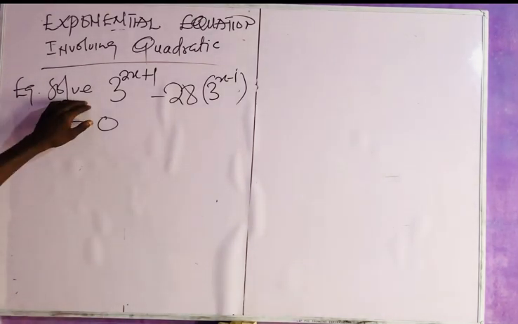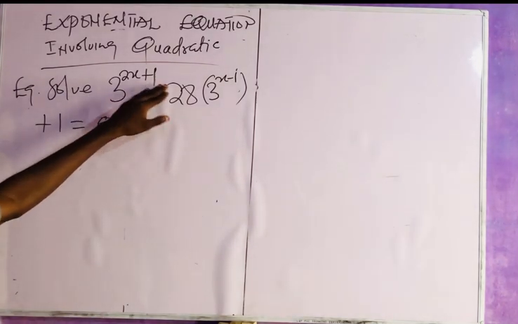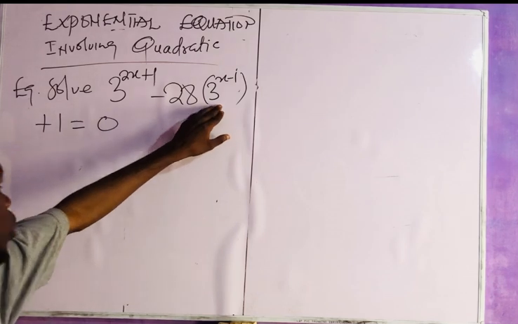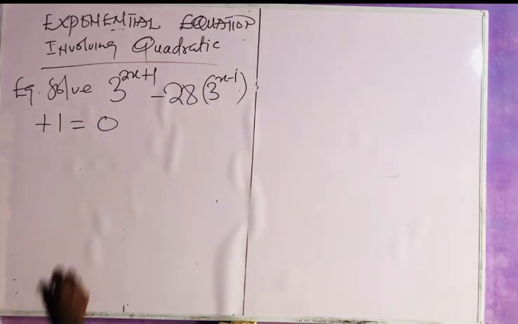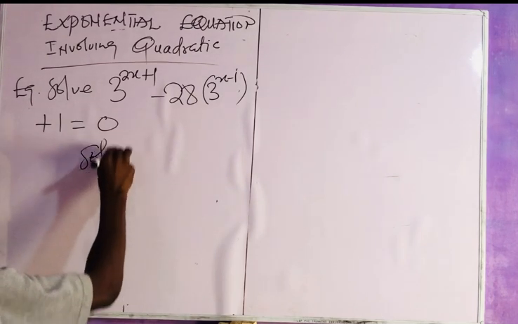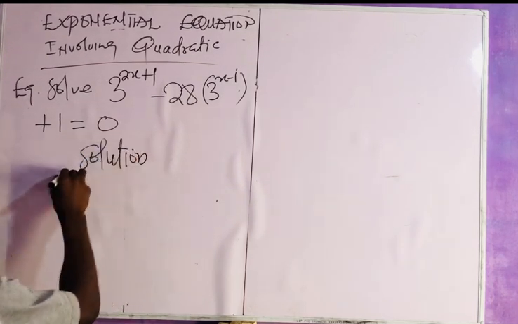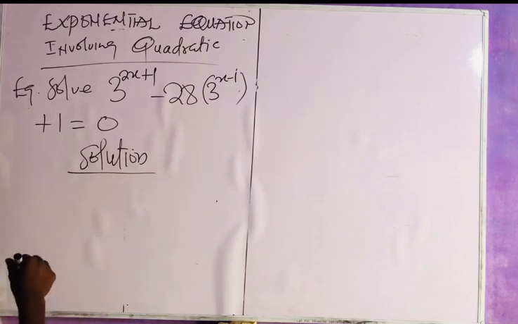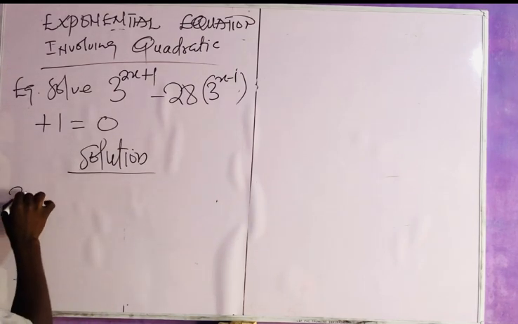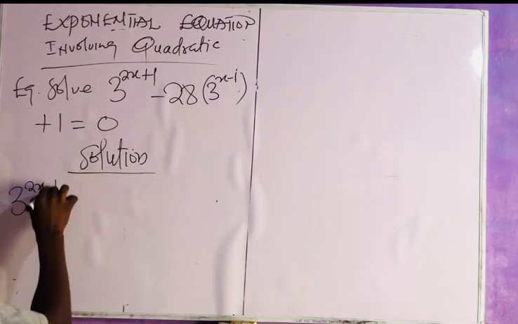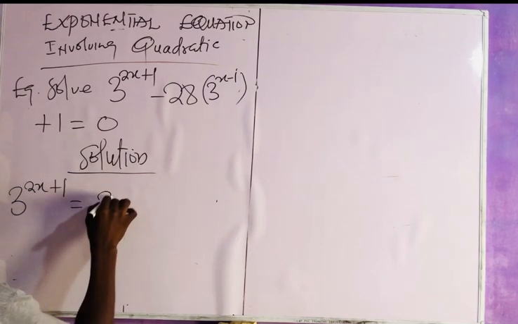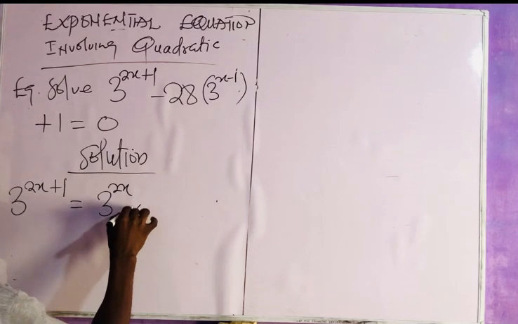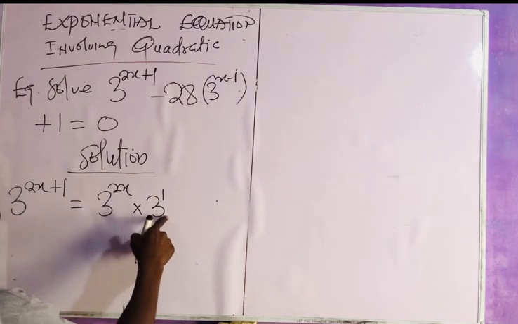This is our example 2. Solve 3 to the power 2x plus 1 minus 28 multiplied by 3 to the power x minus 1 equals 0. So let's see how we can go about this. We know that 3 to the power 2x plus 1 can also be written as 3 to the power 2x multiplied by 3 to the power 1.